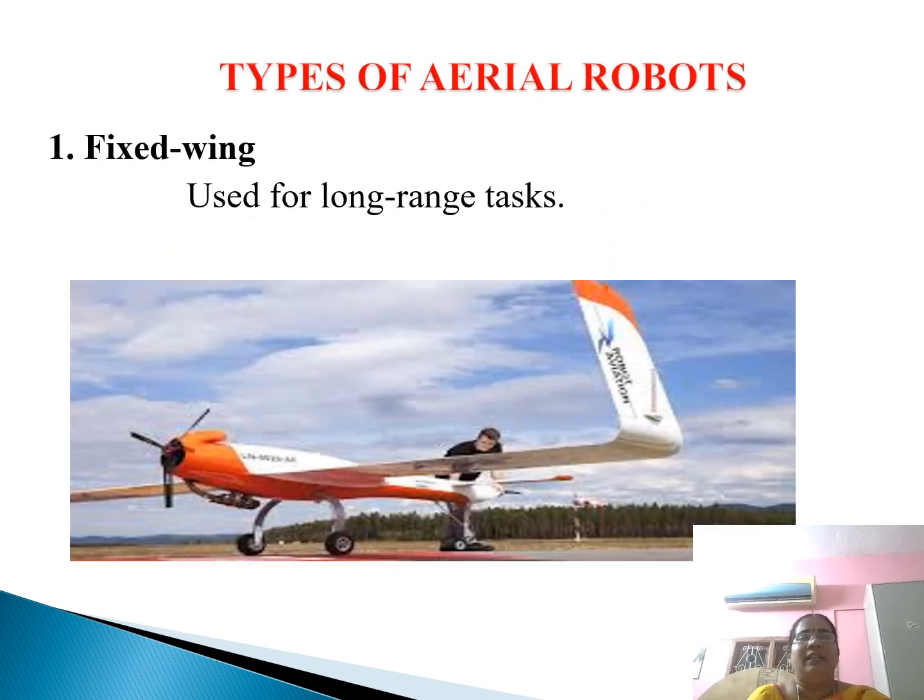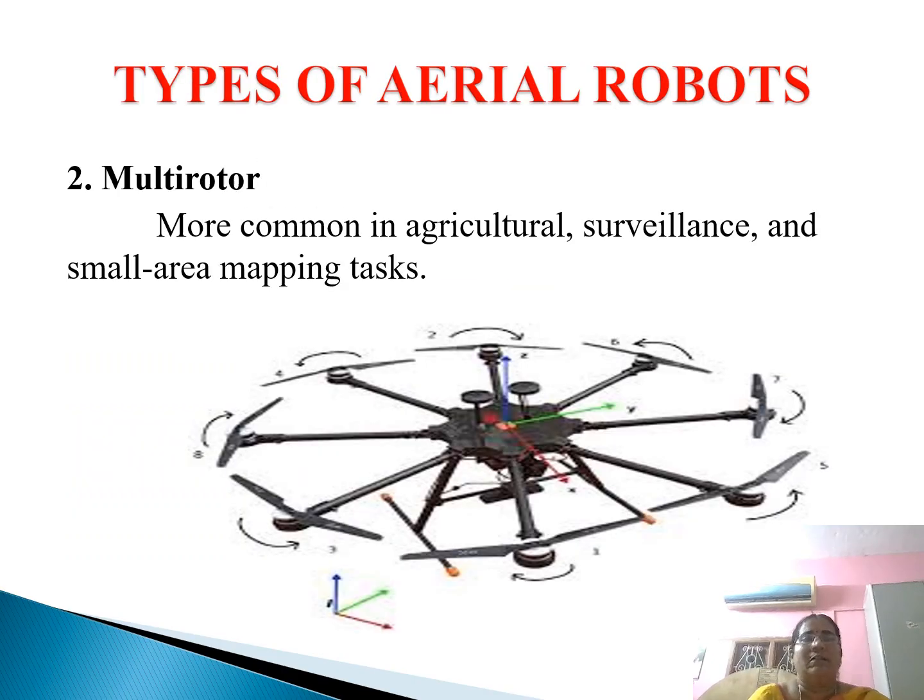Next, we have to see types of aerial robots. First one, fixed wing aerial robots. It is used for long range tasks. The diagram shows the fixed wing aerial robots. Next, multi-rotor aerial robots, more common in agricultural surveillance and small area mapping tasks.